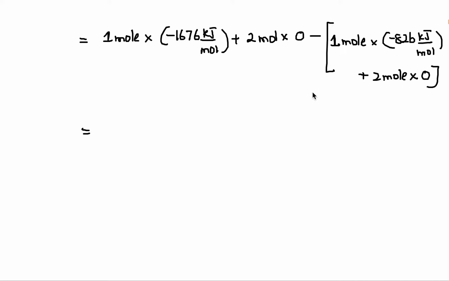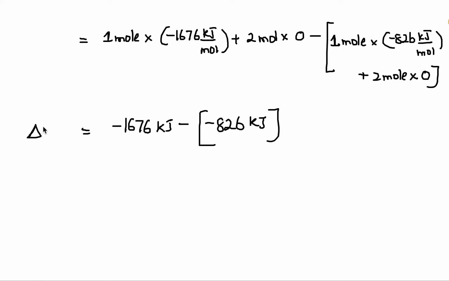Okay, for the same aluminum and iron, if they are not in the standard state, they do possess enthalpy of formation values. So if we do this here, mole and mole cancel out. Now we get negative 1676 kilojoules. This is 0, minus, and mole and mole cancel out. We get negative 826 kilojoules.